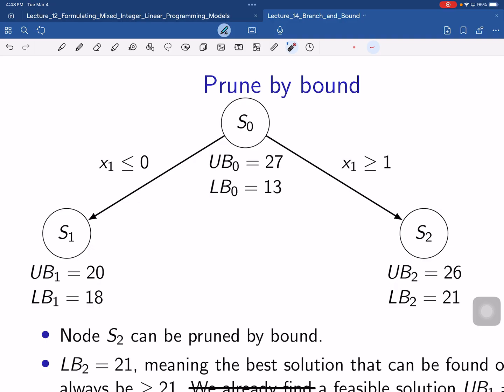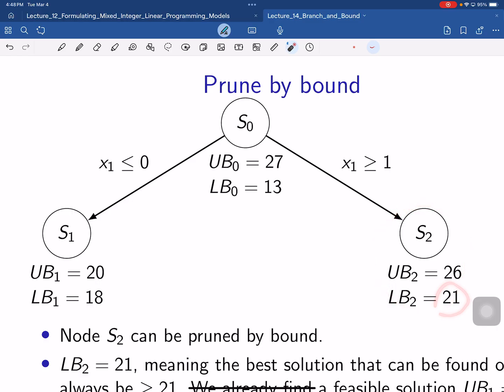Right? So here, as I said, node 2 can be pruned. Why is that? Because its lower bound is higher than the upper bound of this one. Yeah, exactly. The lower bound means the best possible solution you can find on node S2. It's 21.